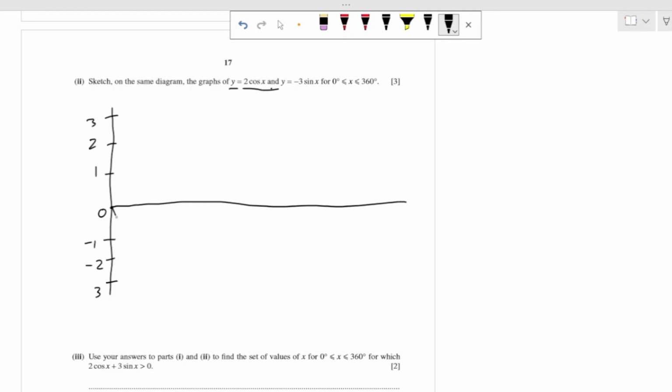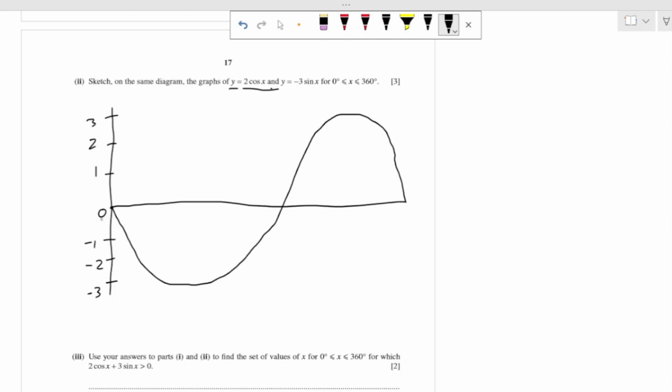The graph basically would look something like this. For y equals minus 3 sin x, you would have the top and the bottom parts reaching up to minus 3. The rest will remain the same, and the angle of course would also remain the same.